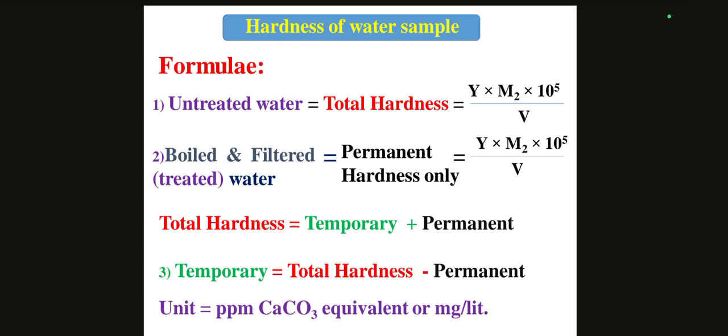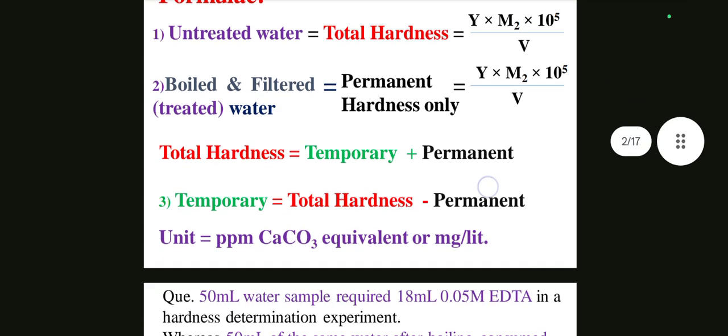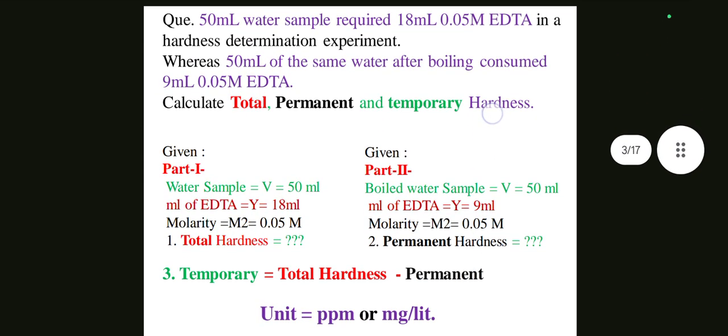Okay, so is the formula clear? Two formulas are there. The first formula is common to total and permanent, and the second formula is that total hardness is equal to temporary plus permanent. Now we will see the example so that you will get a clear-cut idea about it.